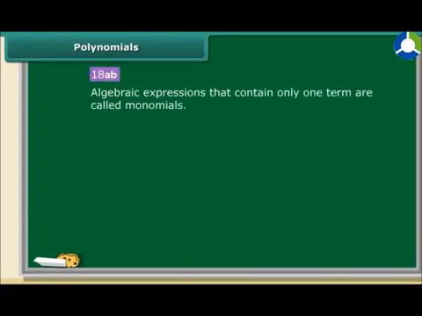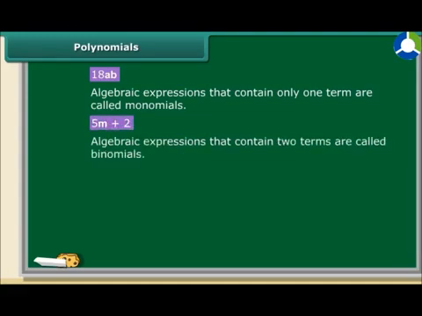Children, see this algebraic expression. It has only one term. This type of algebraic expression is called a monomial. Now, is 5m plus 2 a monomial? No, it has 2 terms. This type of algebraic expression is called a binomial.